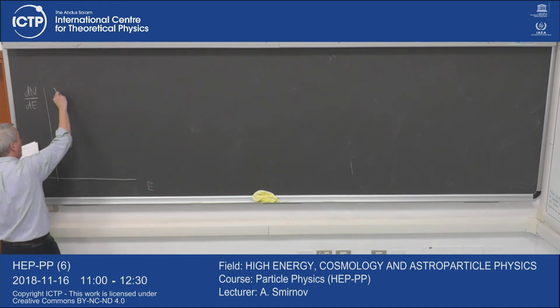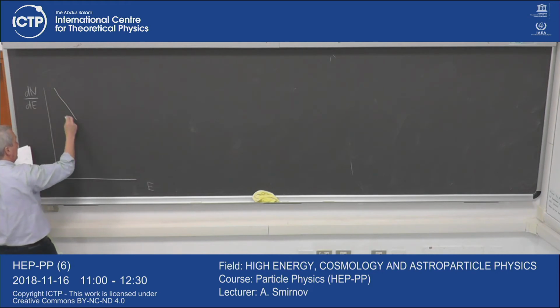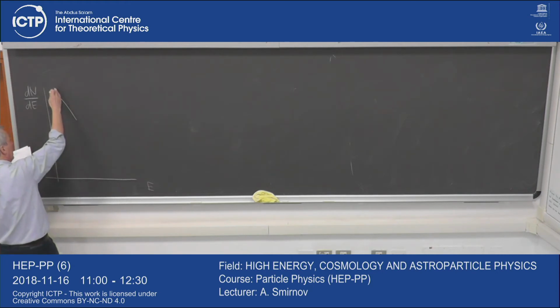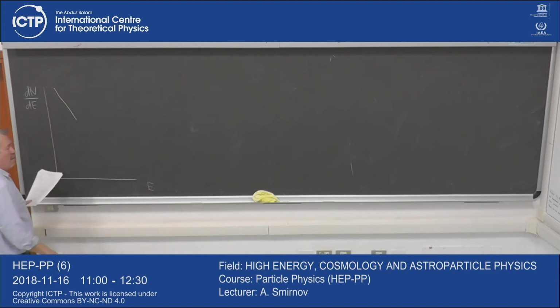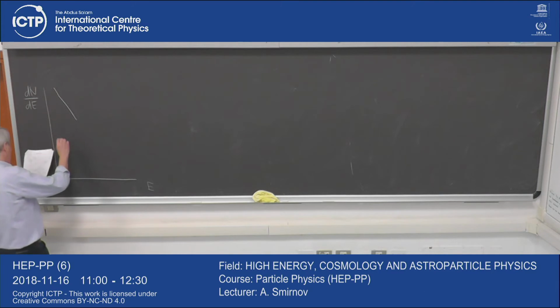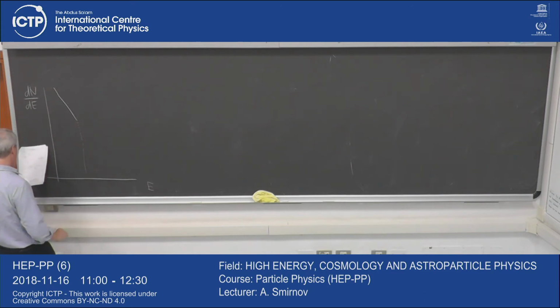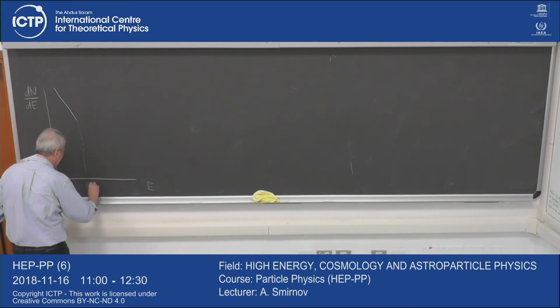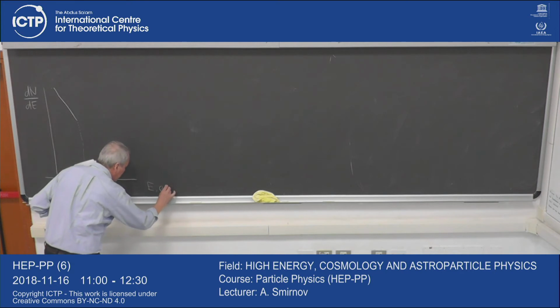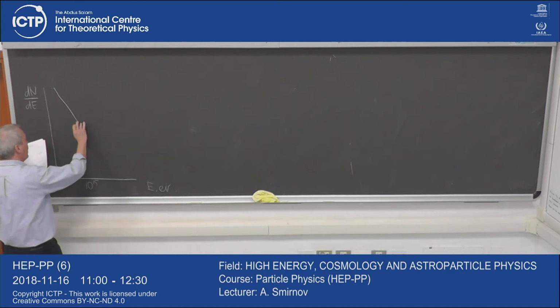For a big energy interval, it's almost like a power spectrum with power minus 2.7. Then at an energy around 10 to the 15 electron volts, and I will measure this in electron volts, that is what we call the knee of the spectrum.